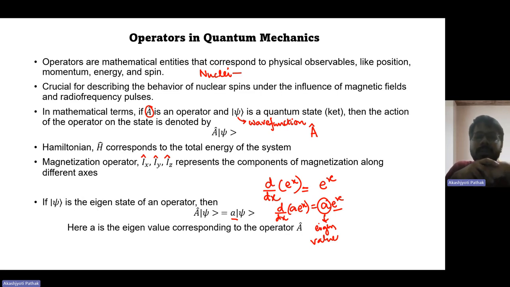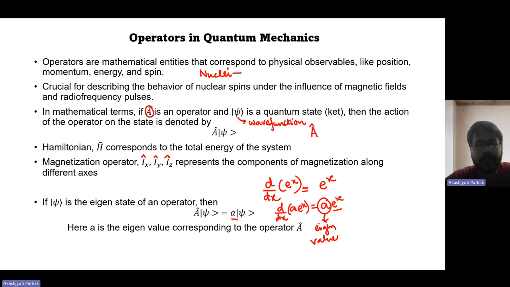So any observable quantity. A nucleus has different observable quantities like spin, angular momentum, then it has a nuclear magnetic moment, then it has the spin quantum number I. For all these different quantities, mathematical entities, different operators are present.